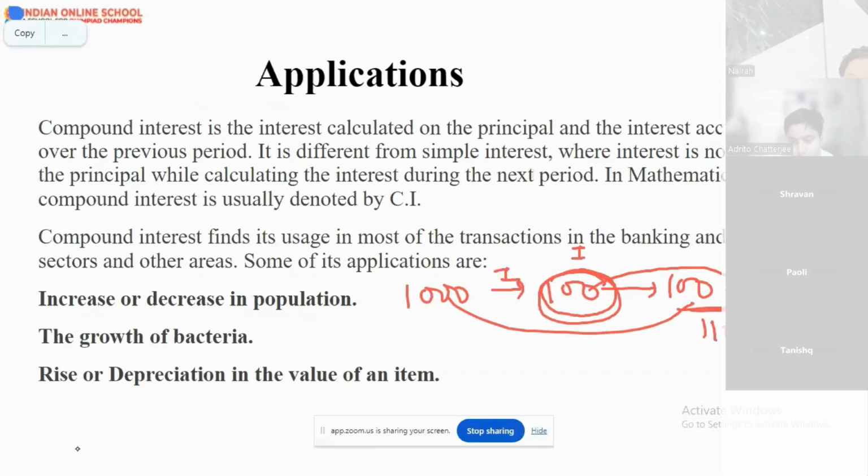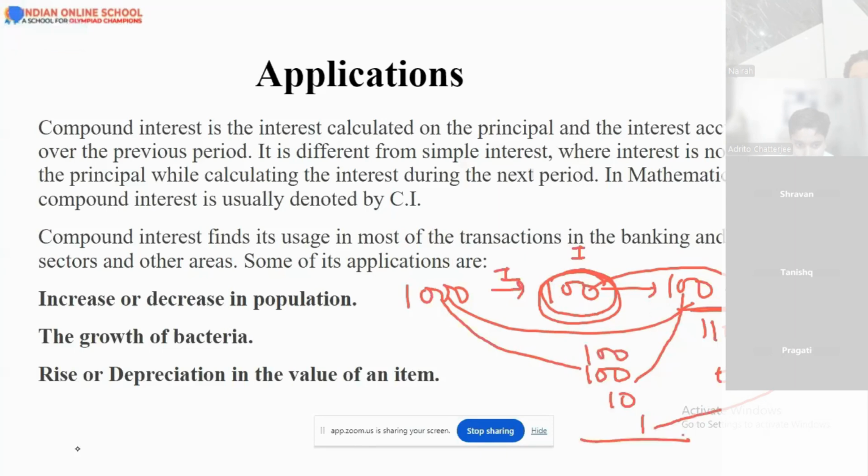Yes, since the next time I have to pay interest on this 1,000 rupees, then on this 100 rupees, then again on this 10 rupees as well. Let's suppose this is one, and this previous 100 rupees as well. So now how much money do I have to pay?